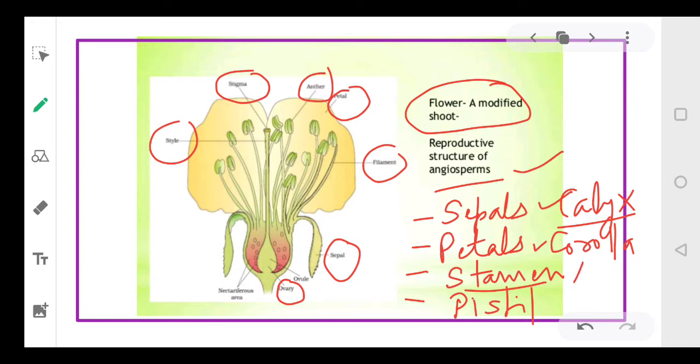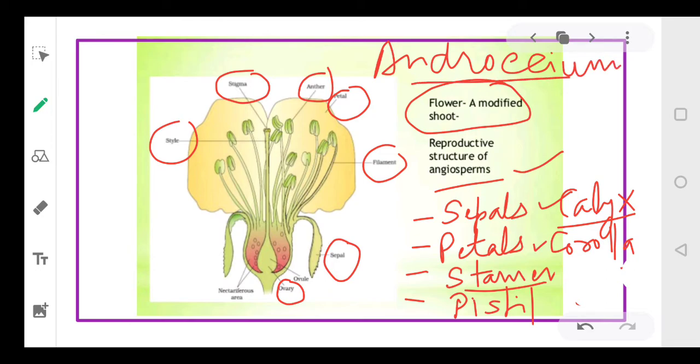It is called androecium. Let's write it somewhere else so that you can clearly observe. And pistil is called gynoecium. Okay, pistil is called gynoecium.